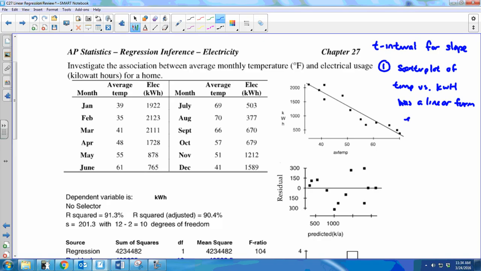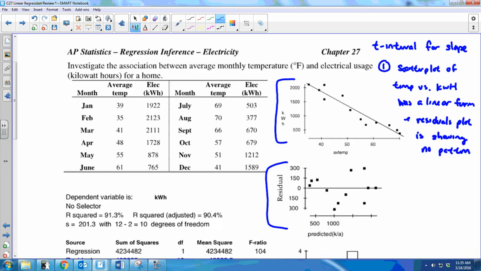And so that's the scatter plot. The residuals plot is showing no pattern. So that's how you answer if it's linear.